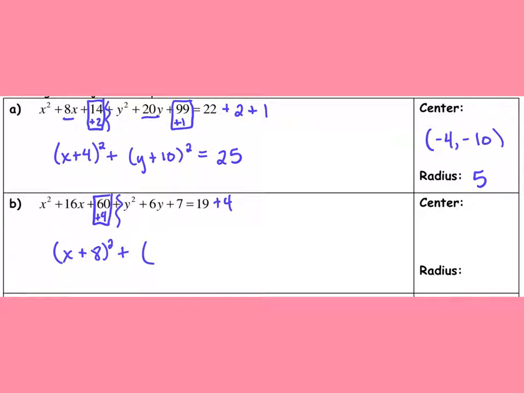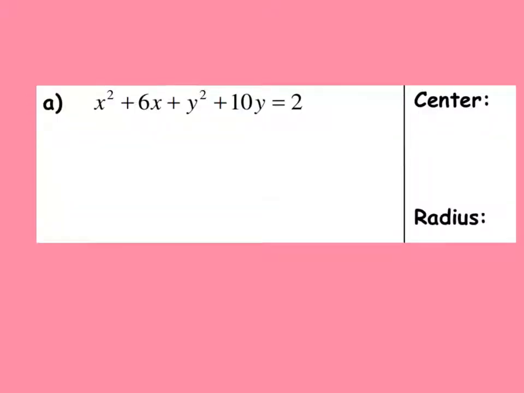Half of the 6y, so y plus 3 squared. 3 squared is 9, so I need this third term to be 9, which means I'm going to add 2 to it. So that gives me 19 plus 4 is 23, 24, 25. So I've got a center at negative 8, negative 3, and a radius of 5.